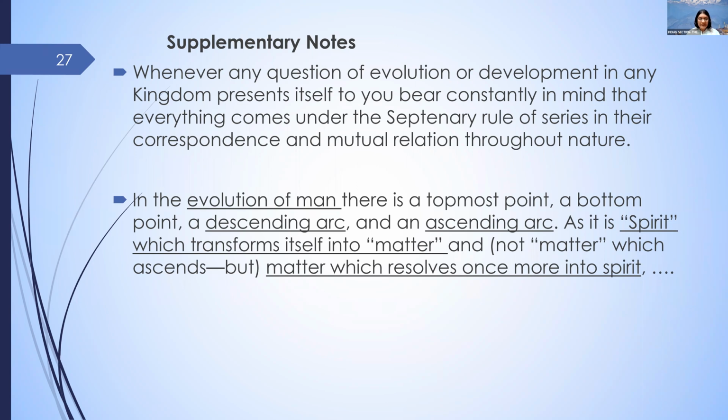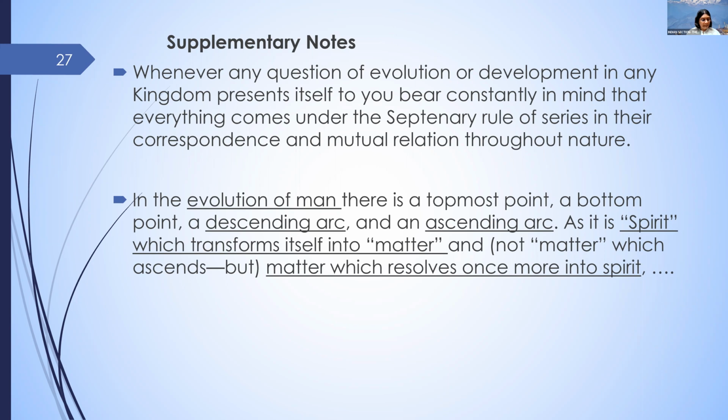And there is always a correspondence between each septenary set. Many of these correspondences are given in tabular form in The Secret Doctrine, where HPB is corresponding the 7 colors to the 7 elements, to the 7 principles. So all these things are very interesting to study, how one set of 7 relates to another set of 7.